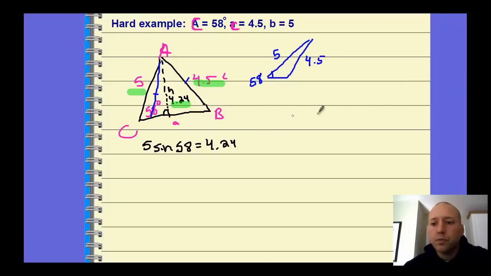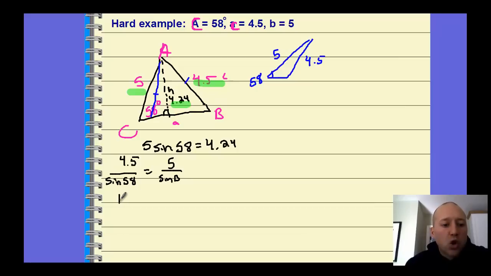Solve them. For the black triangle, we can use the law of sines and set that up like usual. So it's going to be 4.5 over sine 58 equals 5 over sine B. You can cross multiply like normal.